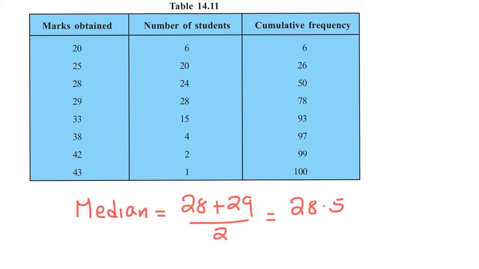The median marks 28.5 conveys the information that about 50% of students obtain marks less than 28.5 and another 50% of students obtain marks more than 28.5. This was for ungrouped frequency. Let us see how to obtain the median of grouped data.